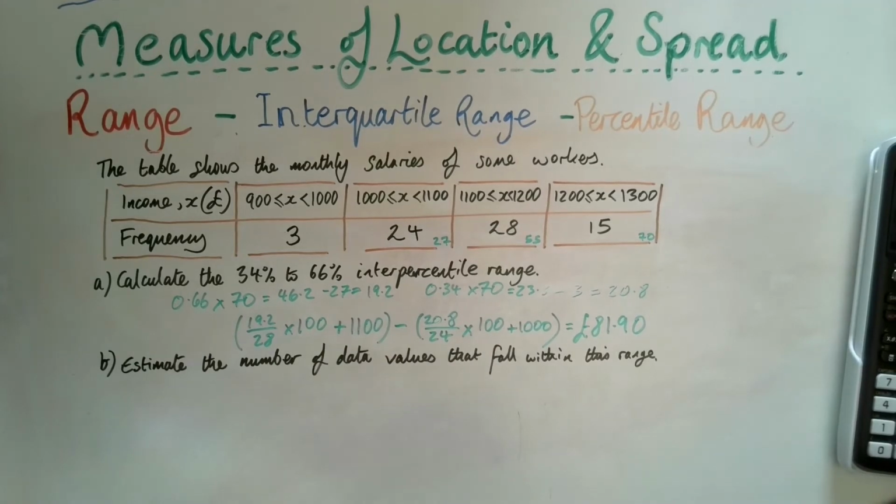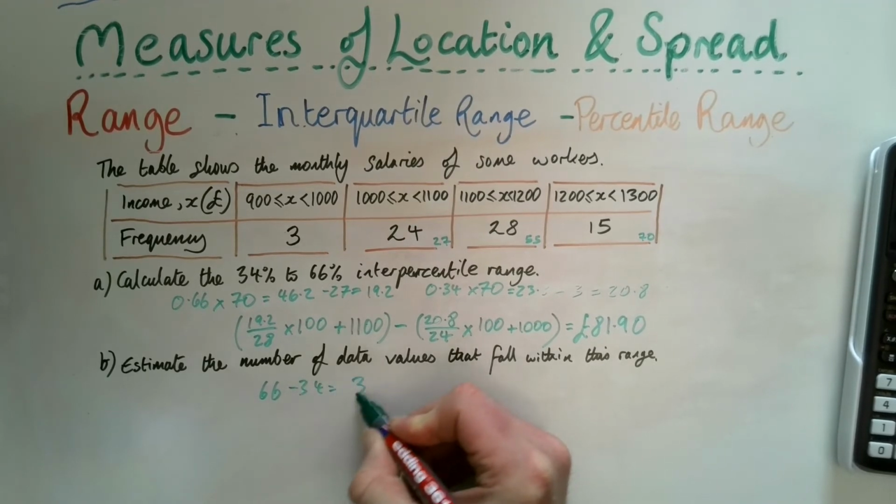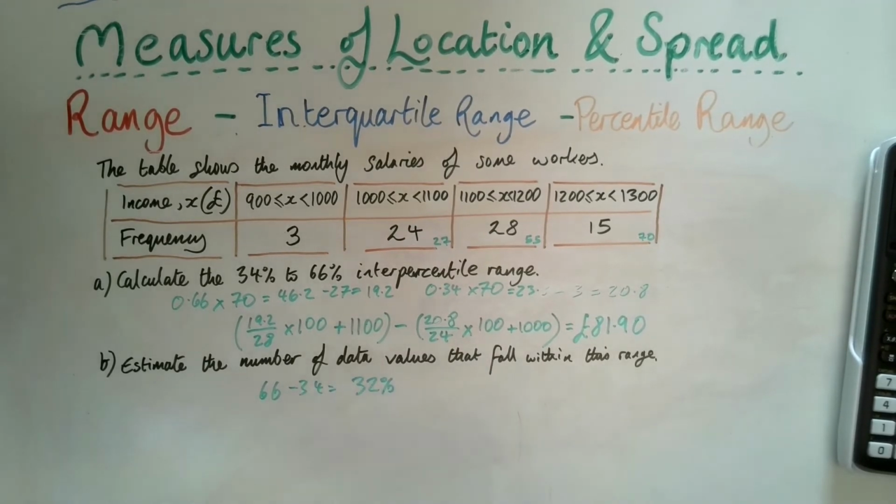Estimate the number of data values that fall within this range. Alright, pause the video and give this one a think. So, this is all about what proportion. You don't need to worry about what the data values are. The range is from 34% to 66%. So, if you think about it, 66 take 34 is 32%. So we're talking about the middle 32%.